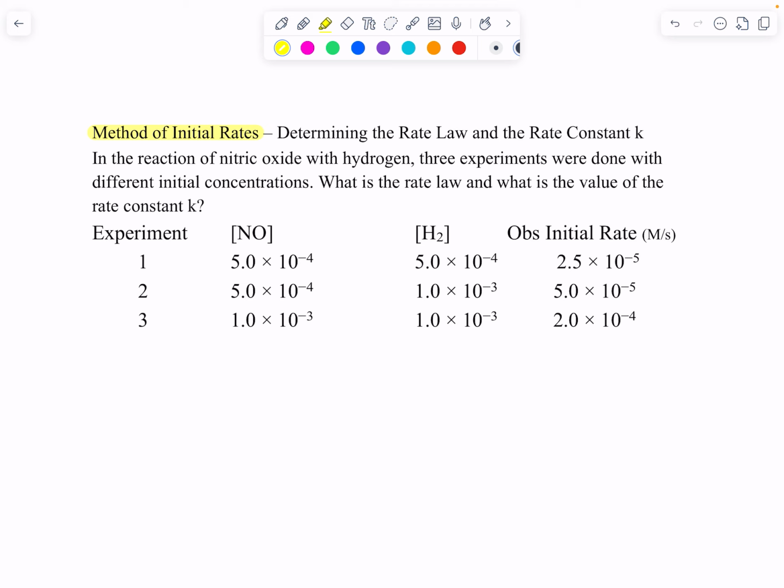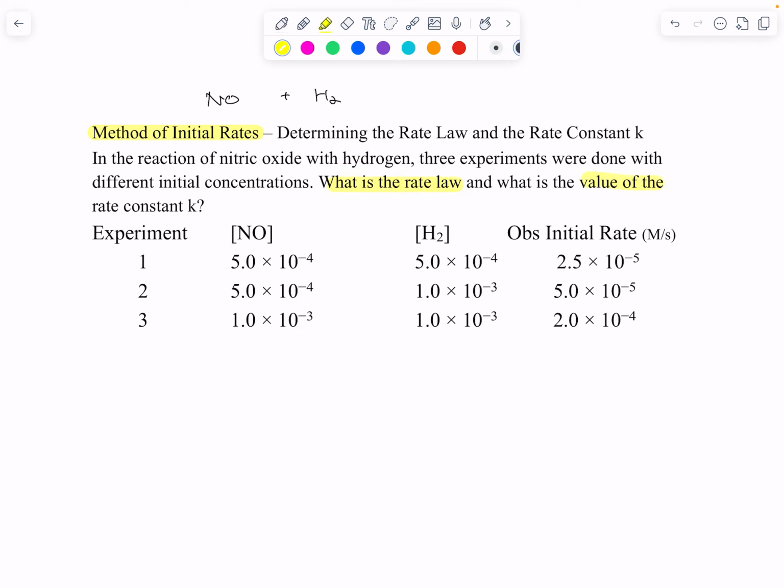Now, we have 3 experiments, and when you do the scientific method, you have to change one variable at a time. So the reaction of nitric oxide with hydrogen: NO plus H2. 3 experiments were done, different initial concentrations. What's the rate law?